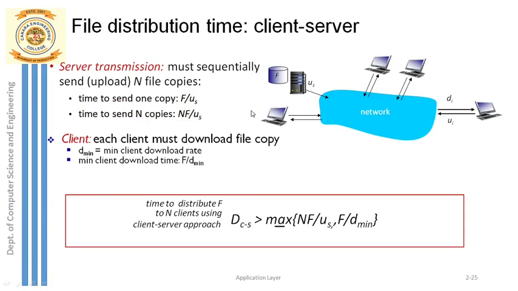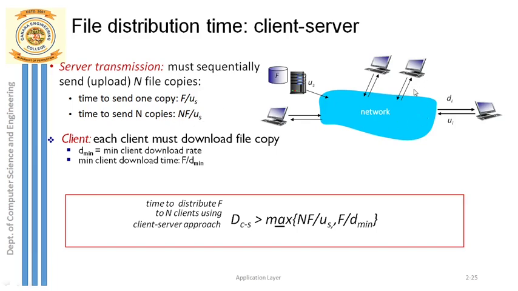So the total time taken to upload one copy of the file is this much. Next, the time taken to send that copy to all n clients. In client-server architecture, what is the time taken by the server to copy that same uploaded copy to all n clients? The total time is n into f.